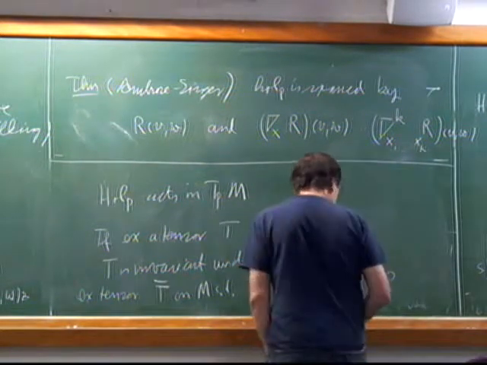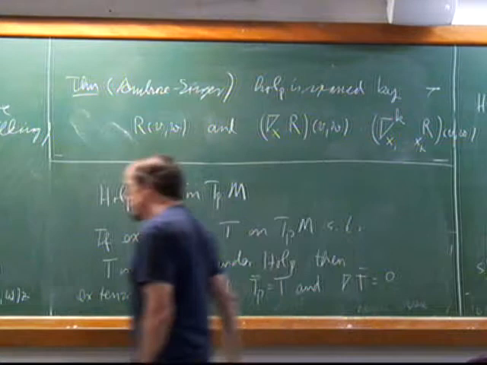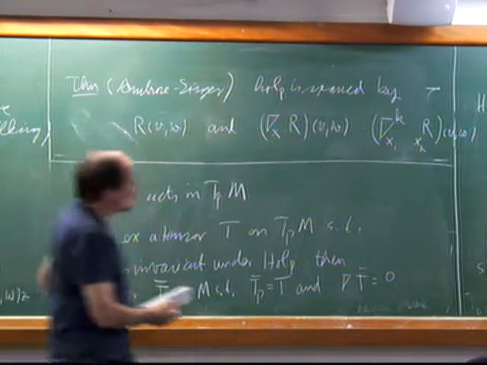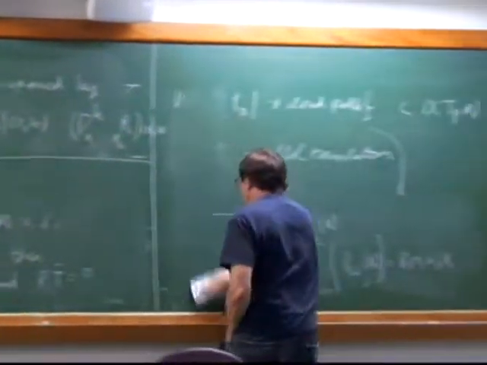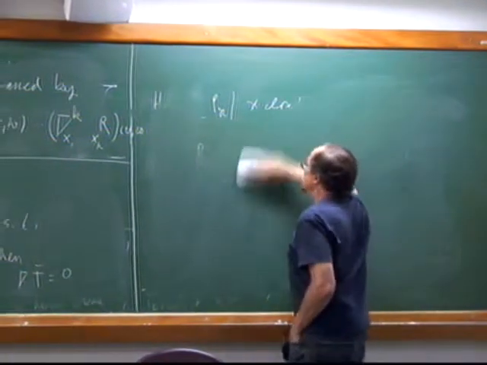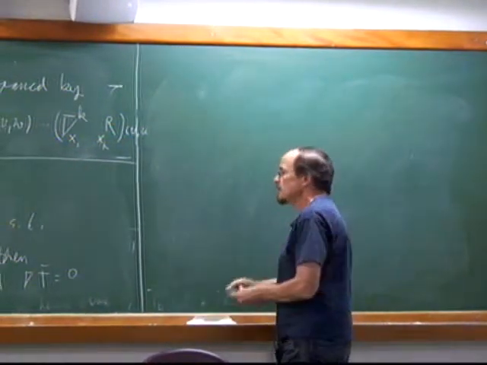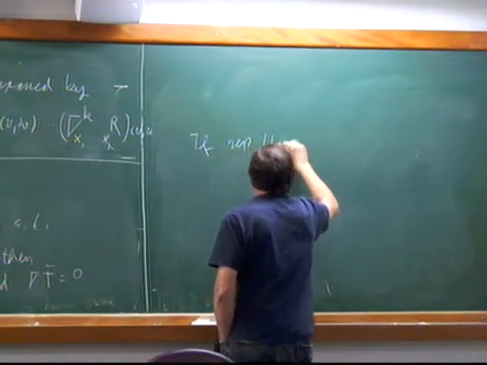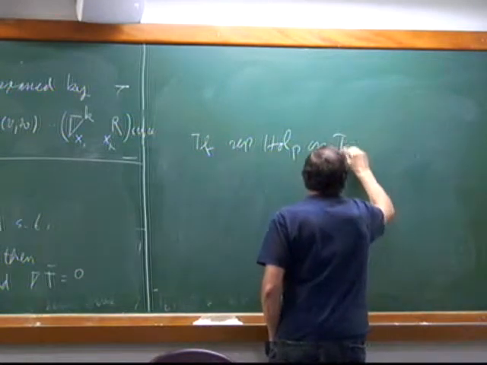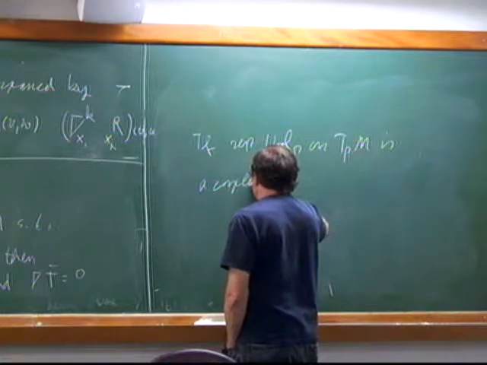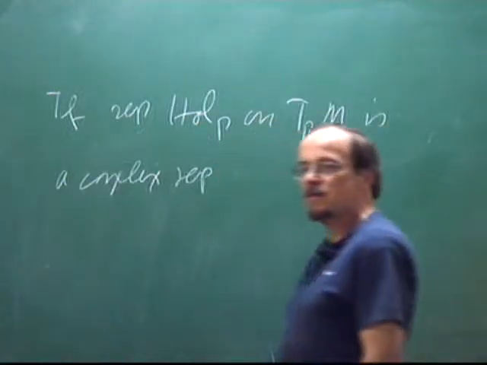Well, maybe I shouldn't say too much about that. Or maybe a little bit. So, for example, an application. If the representation phi_p on T_pM is a complex representation, so what does that mean?